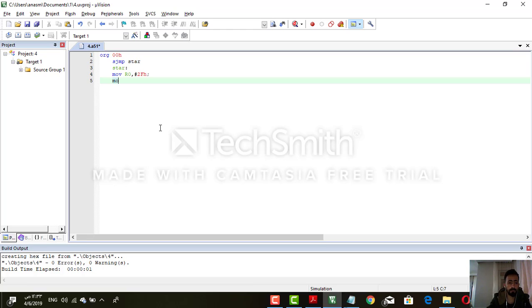So we also move it to any register. We will write 16 decimal, or we can write 0a hex. It doesn't matter because it's the same value.